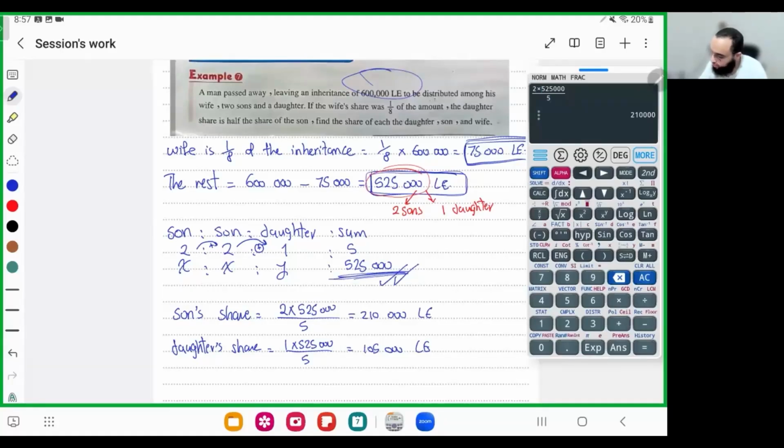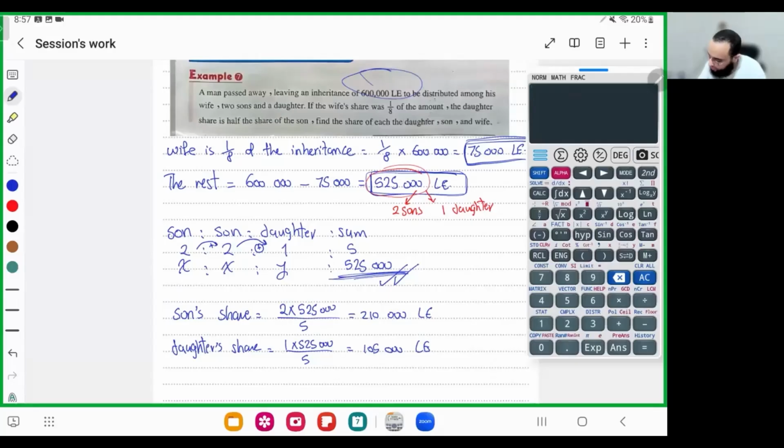If I wrote 1, it's 105. So let's check this part. It's 1 over 8 times 600,000, which is 75,000.